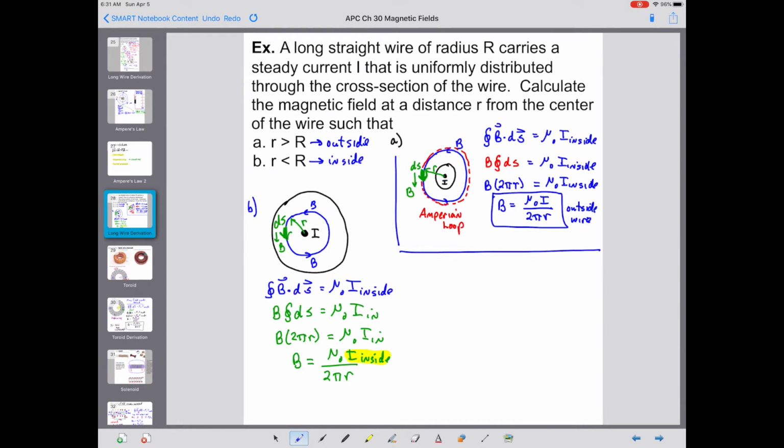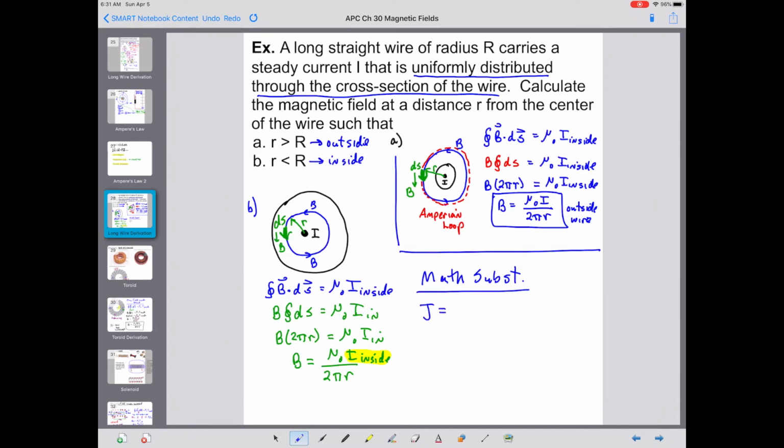And so if we consider I inside, it's not going to be the entire current, because there's some current in the wire outside of our given location. So then we're going to need to do some math substitutions. Well, that current is uniformly distributed throughout the cross section of the wire.